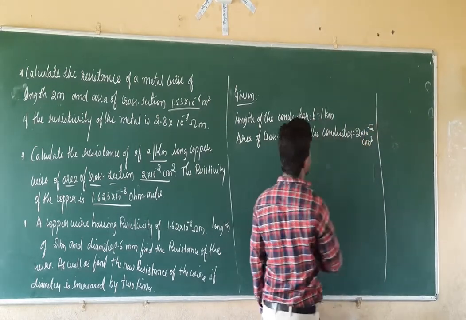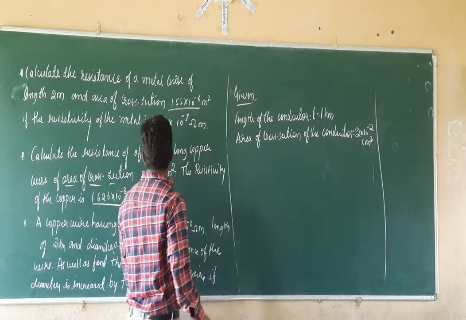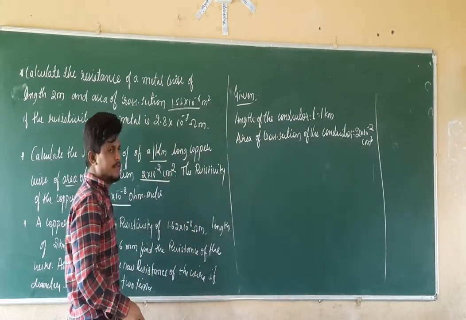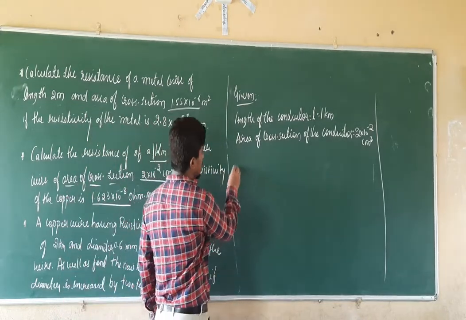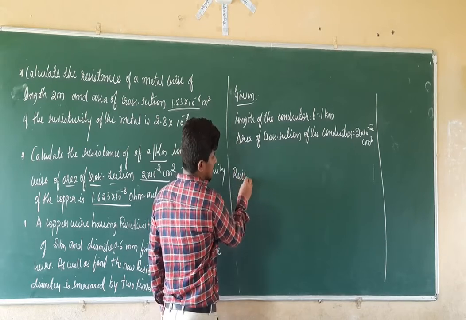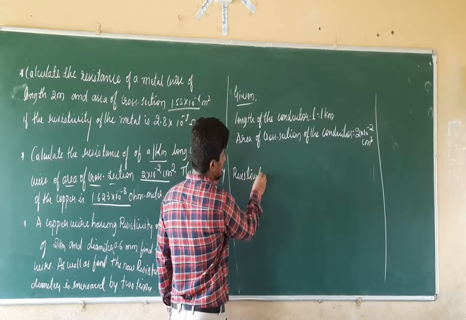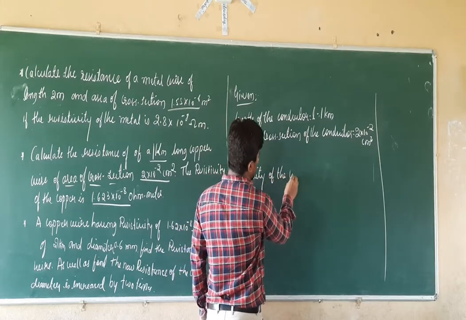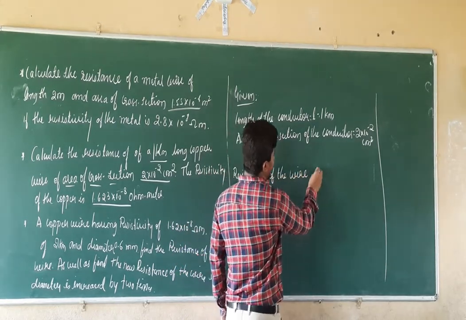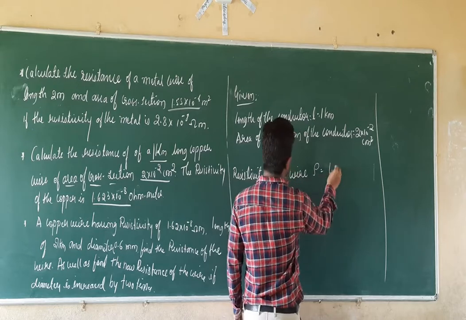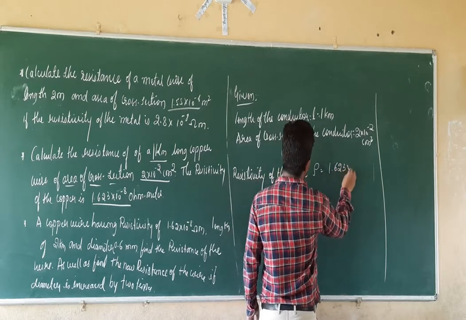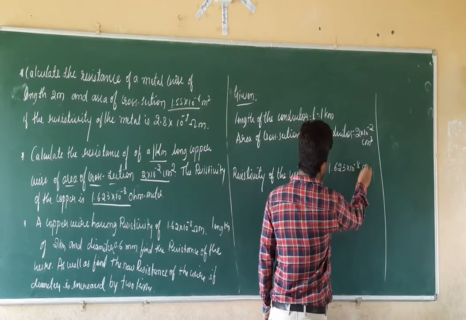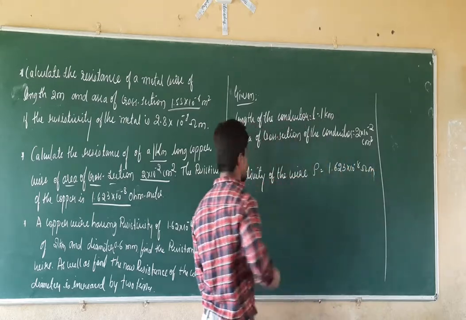Next, they are given the resistivity of the conducting material. So the resistivity of the wire, that is rho, is given as 1.623 into 10 raised to minus 8 ohm meters.